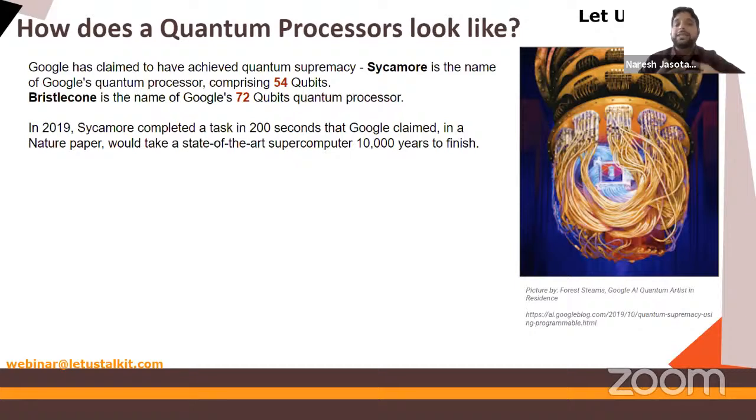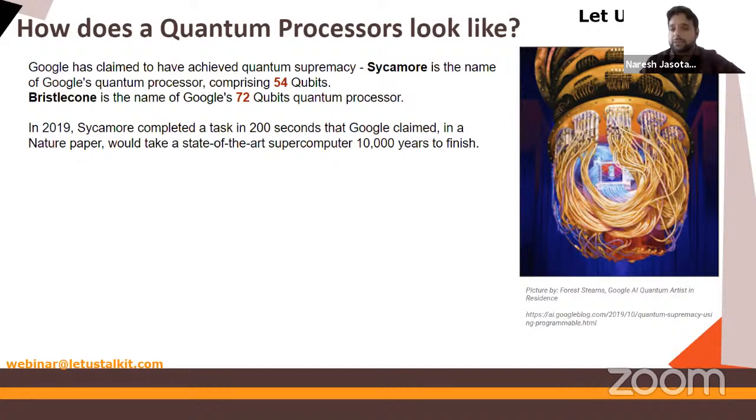Google has claimed to have achieved quantum supremacy using processors like Sycamore, which has 54 qubits. I know when you hear qubits, it's a new term. Qubits are analogous to classical computing bits, as we know, zeros and ones. 54, the number itself, may not sound big, but this is one of the fastest quantum processors in the quantum world.